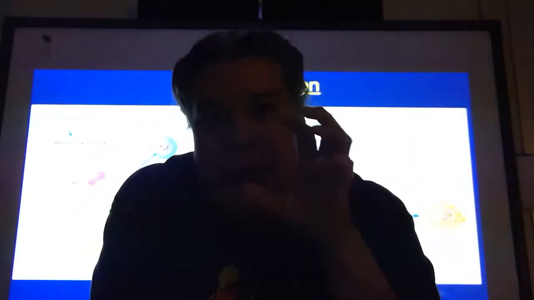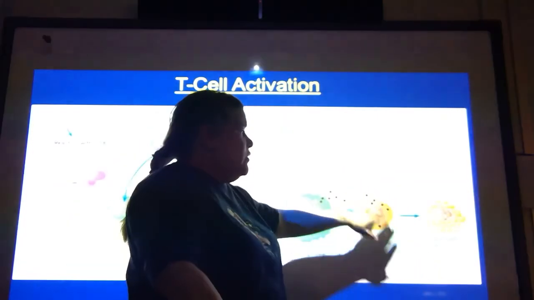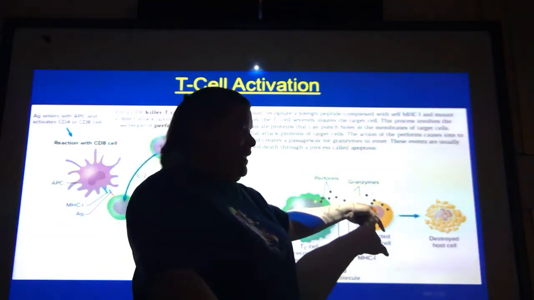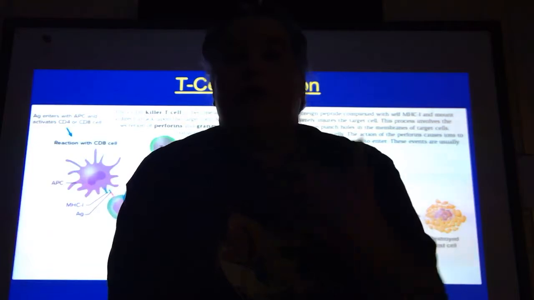Perforins start to make holes in the membrane of the infected cell. If I make enough holes in you, you probably wouldn't like it either, right? Same thing. If enough perforin makes enough holes, it'll kill the cell. Granzymes are a bit more insidious though. As the holes are created, granzymes go in and they will invade the cell. Granzymes will cause the cell to go into apoptosis.